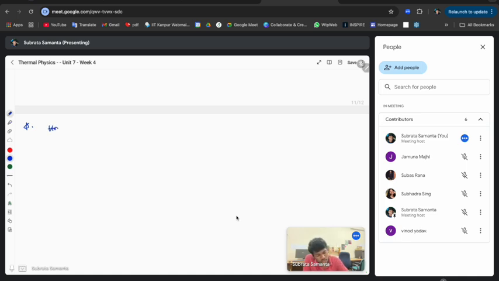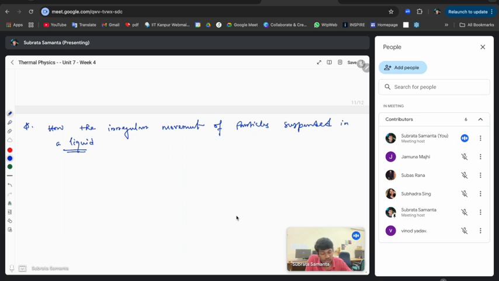So how is the irregular movement of a particle suspended in a liquid related to the diffusion equation?